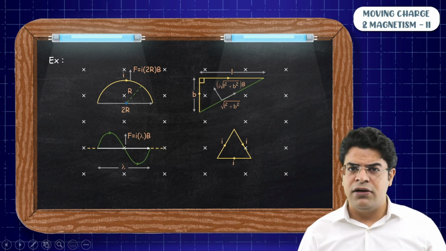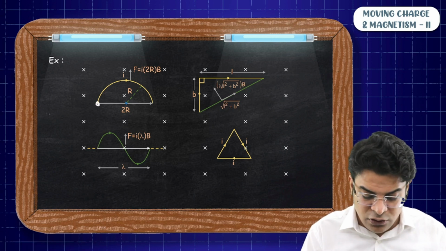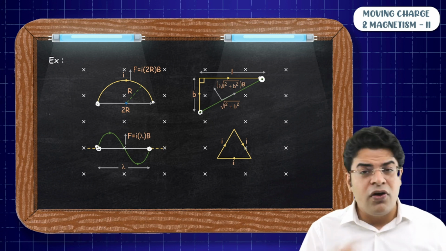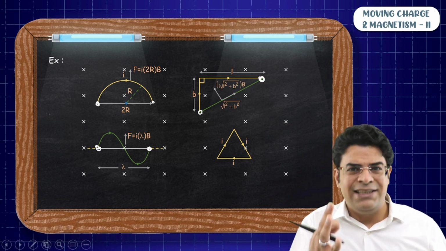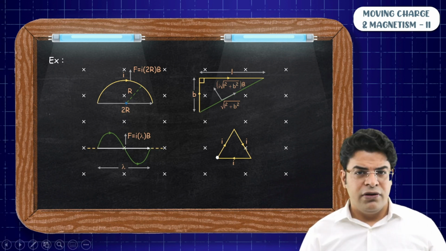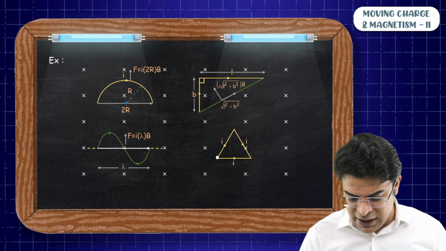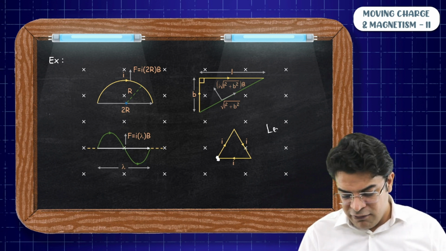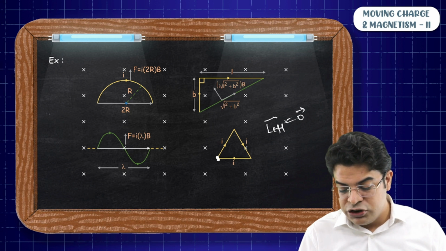Sir, to get the effective length, just join the initial to final. But for a loop, which one is initial, which one is final? So sir, treat any point as initial and then look at the final point, which is the same point. So the effective length for this case becomes 0.